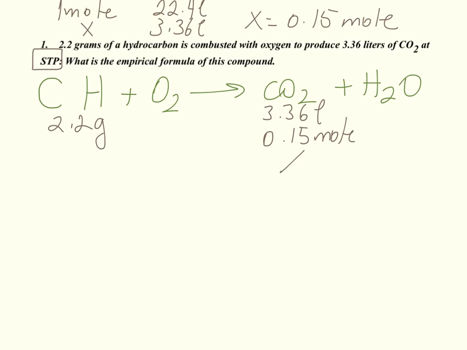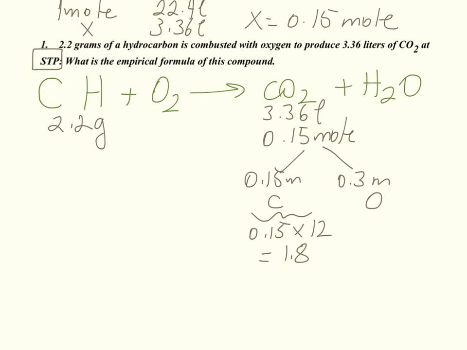Because carbon dioxide is made of carbon and oxygen, we have 0.15 mole of carbon atoms and 0.3 mole of oxygen atoms in carbon dioxide. 0.15 mole of carbon atoms is actually 0.15 times the molar mass of carbon, 12, which equals 1.8 grams of carbon.